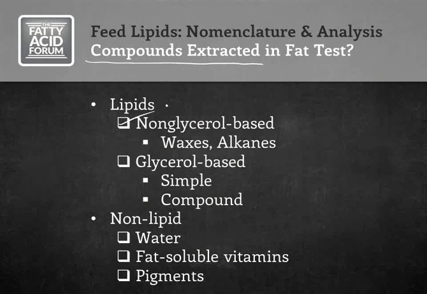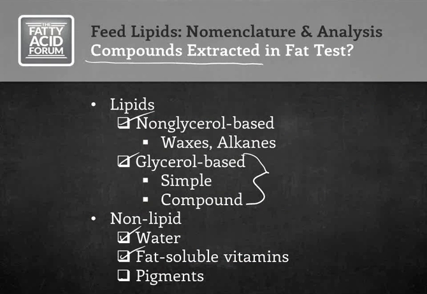Well, extraction in these solvents do remove lipids, but can also often remove the non-glycerol-based lipids that include the waxes and alkanes that we say have little value to the animal. Now, they will remove the glycerol-based simple and compound lipids, which is important.